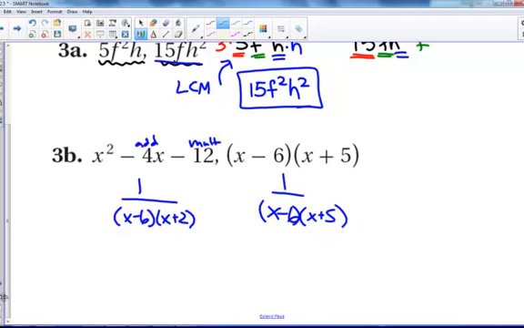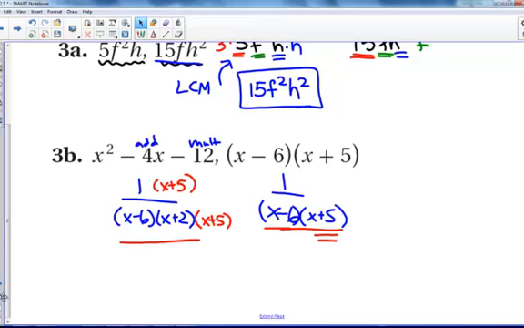So to have a common denominator, this first equation needs an x plus 5. So I'm going to multiply by x plus 5. And the second equation over here needs an x plus 2. So I'm going to multiply by x plus 2.